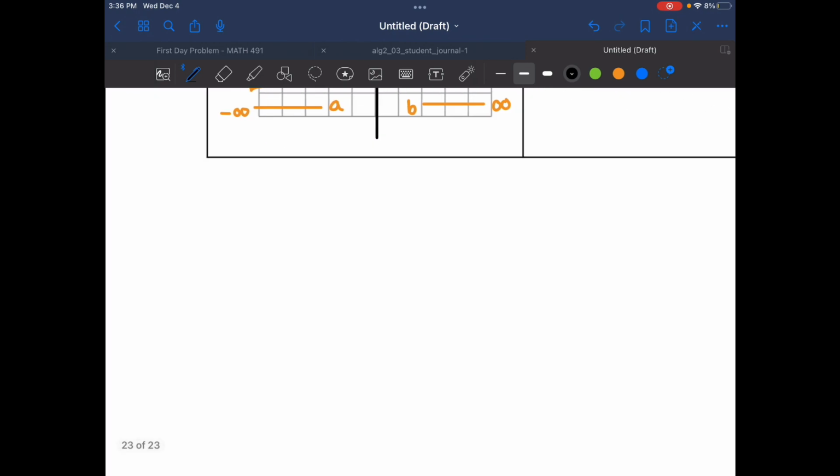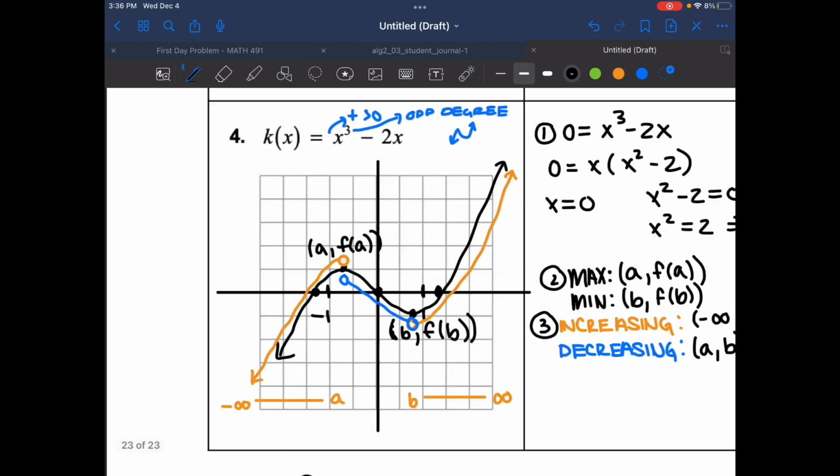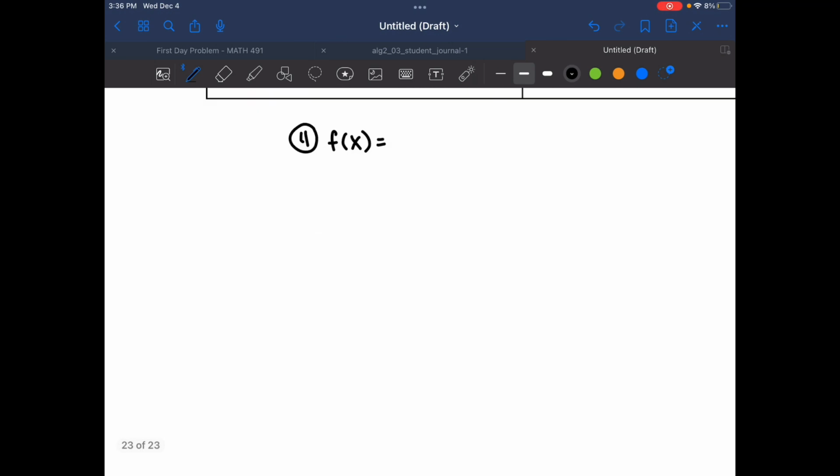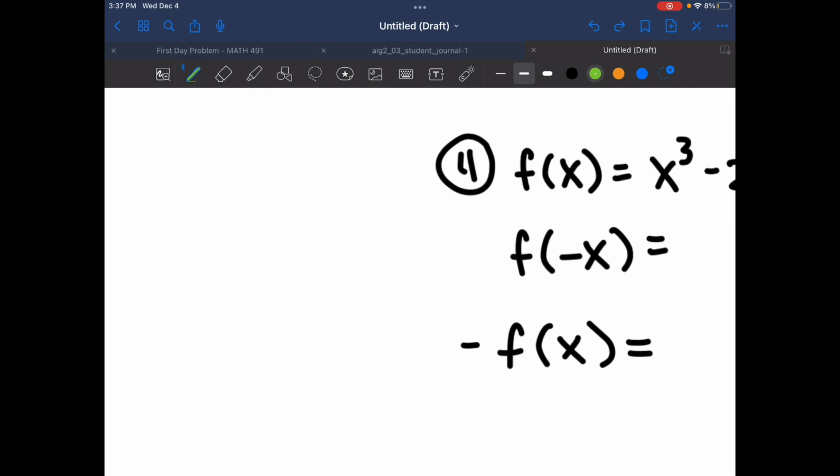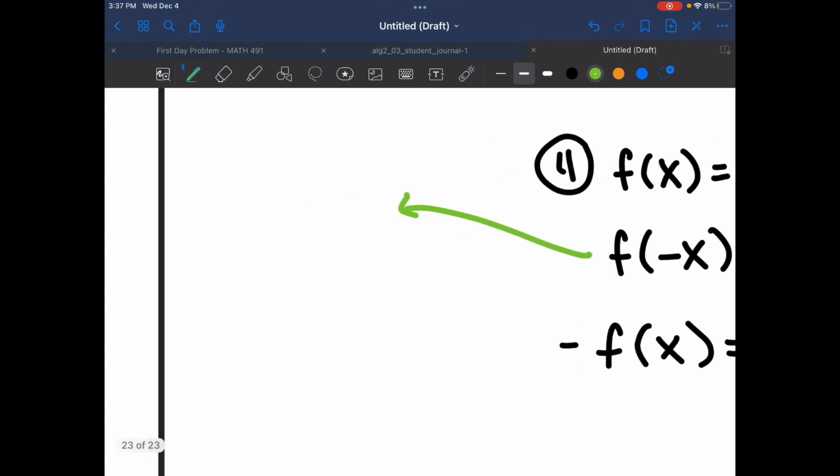Okay, let's talk even and odd. I'm going to put even and odd down here. When I do even and odd functions, or neither, I test everything. So I'm going to write my original function here, and that is x cubed minus 2x. And we are going to find the reflection across the x-axis and y-axis. So this here, I'm going to write this in maybe green.